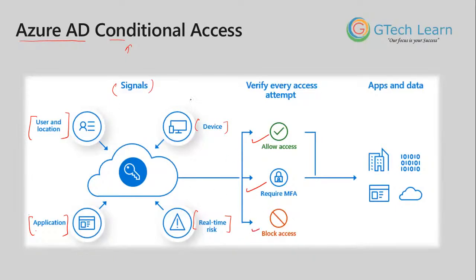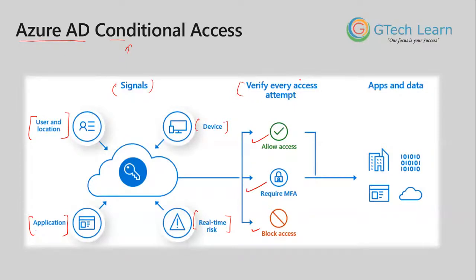It verifies every access attempt after the first step of authentication, which is your credentials like username and password, is completed. Then you can access the applications and data which are part of your cloud environment. This is known as a conditional access policy.